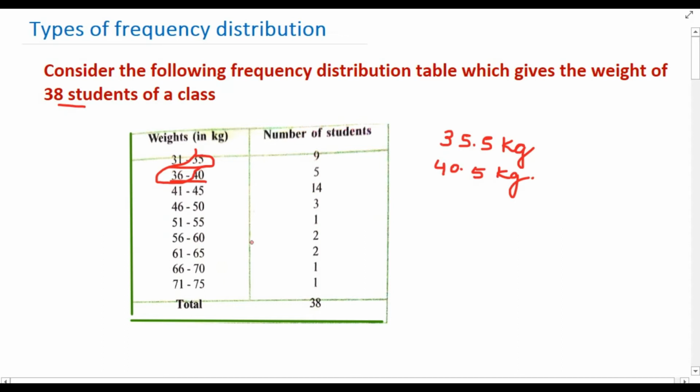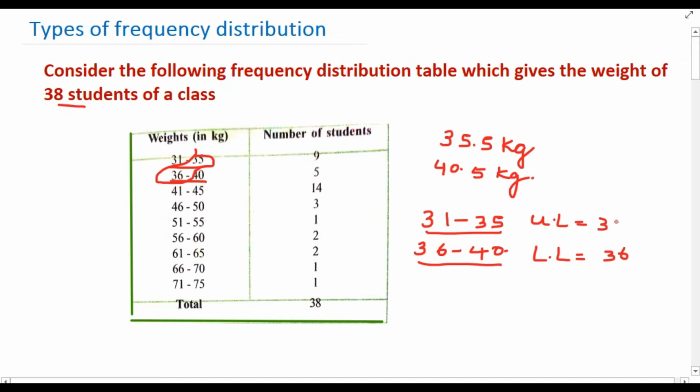For this, first we take the class intervals 31 to 35 and 36 to 40. The lower limit of the second class interval is 36 and the upper limit of the first class interval is 35. Now I will subtract 36 minus 35.